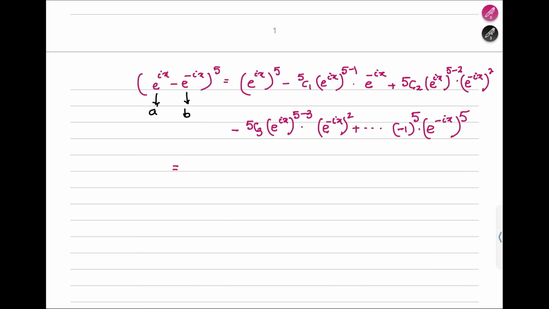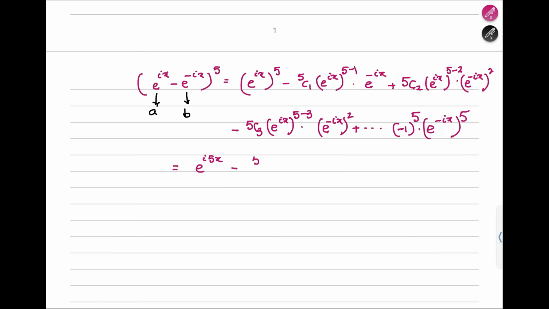What is the value of the first term? Let us write e to the power of i into 5x. What will be the second term?